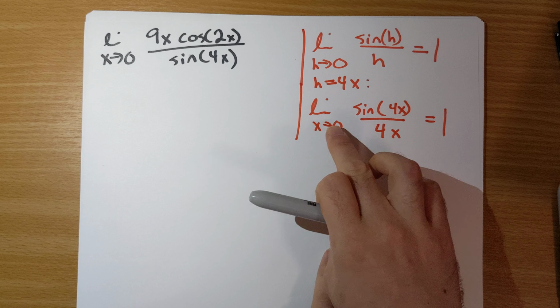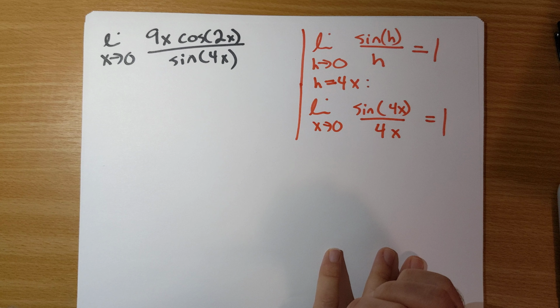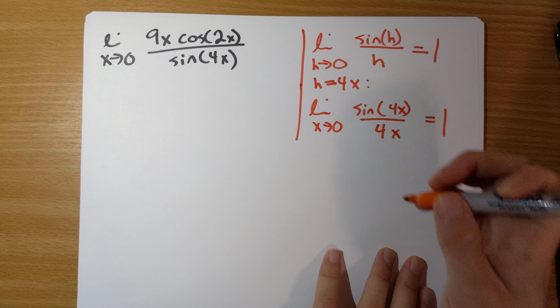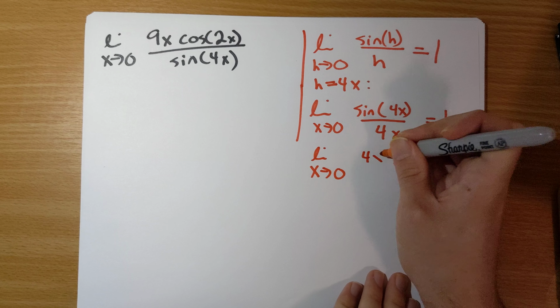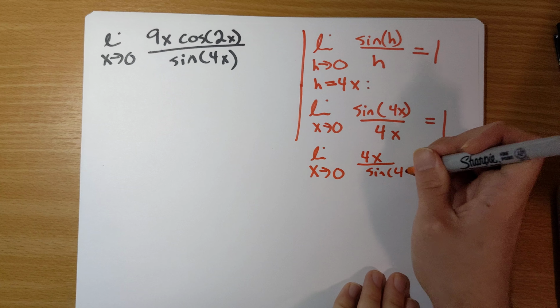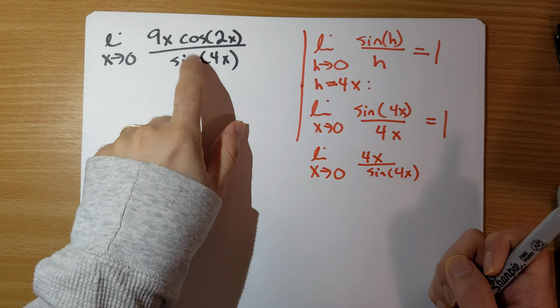So it's true that the limit as x goes to 0 of sine of 4x over 4x is also equal to 1. And then finally, the other little sideboard calculation I want to do here is the limit as x goes to 0 of 4x over sine of 4x. I'm making this change because the sine of 4x is in the denominator over here.